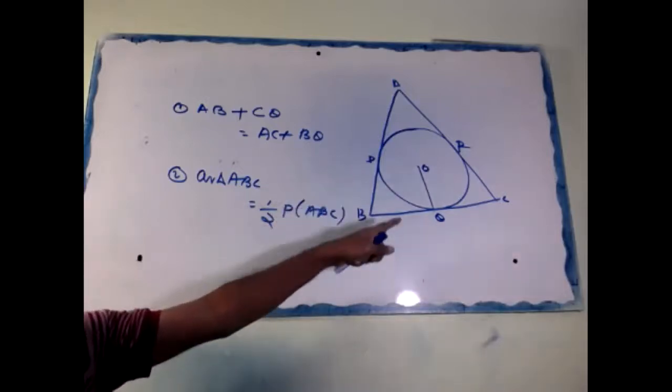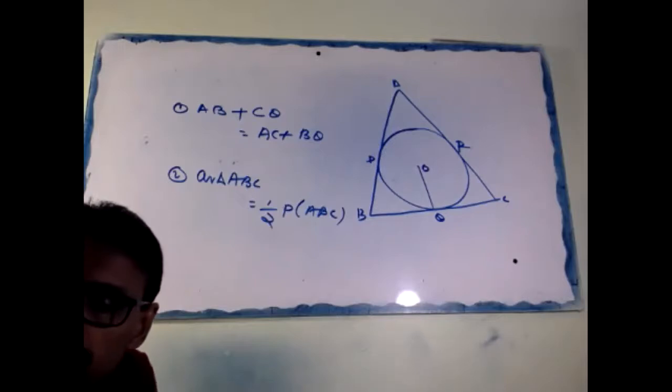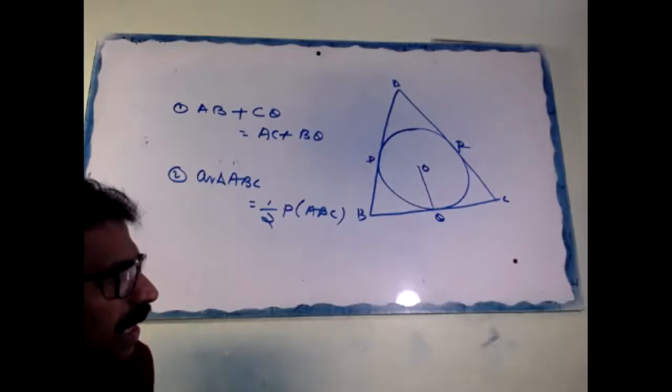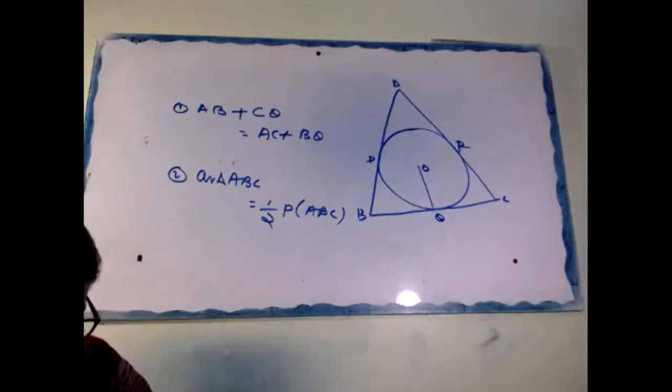Prove that one: AB plus CQ equal to AC plus BQ. Second one: area of triangle ABC is half of the perimeter of ABC. Okay, try now.